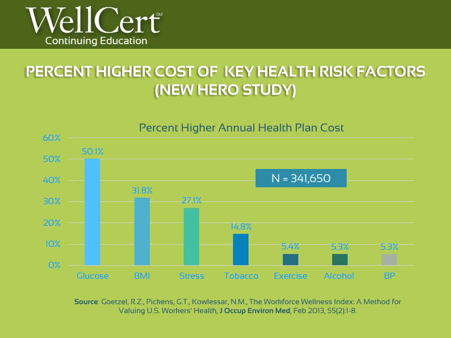For elevated BMIs, we saw the very high numbers in the 30s. That's 31% higher cost. So 31% of the population have a 30 plus percent higher cost on average per year. Reporting excess stress, 27%. Tobacco use, 14% higher. Exercise, 5% higher. Alcohol misuse, 5% higher. And blood pressure, 5% higher as well.